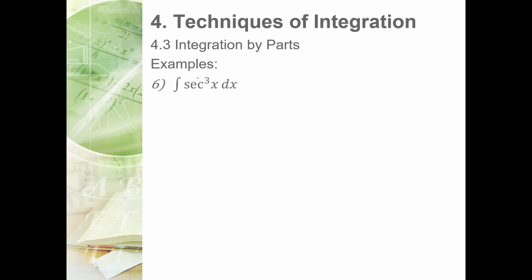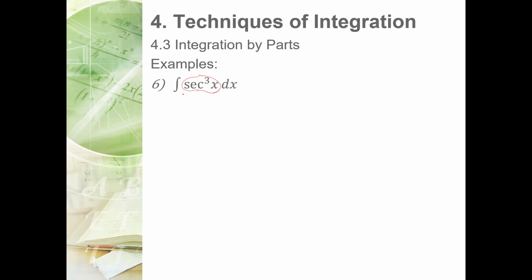Okay, so let's try secant cubed x dx. So it's a bit more challenging now because it's cubed, right? So secant cubed x dx. Okay, so if you're going to have multiple angles, the best way to do this is you try to dissect it into two different sections.